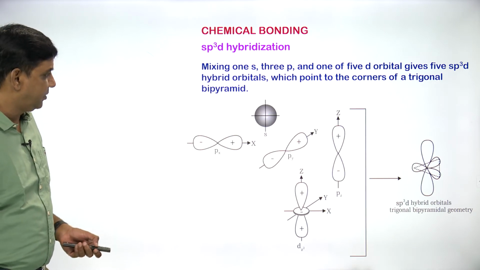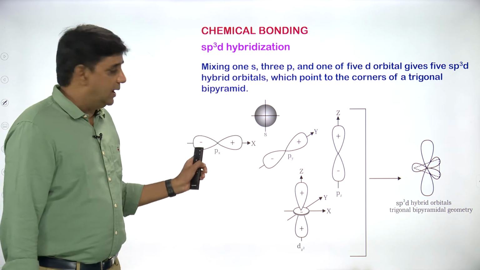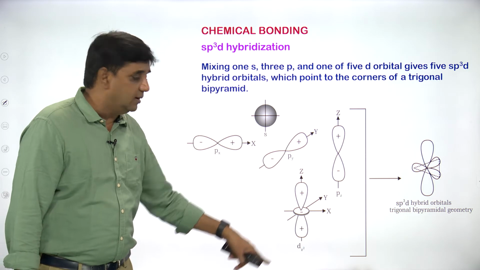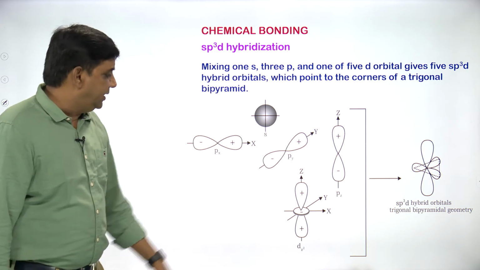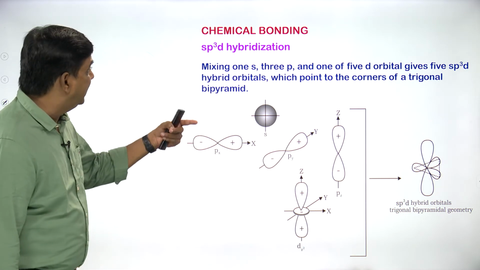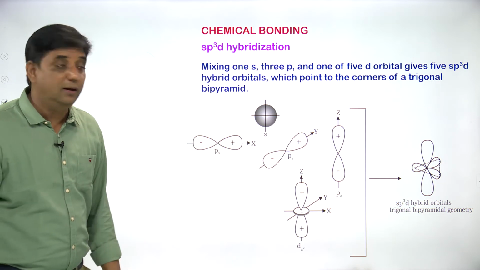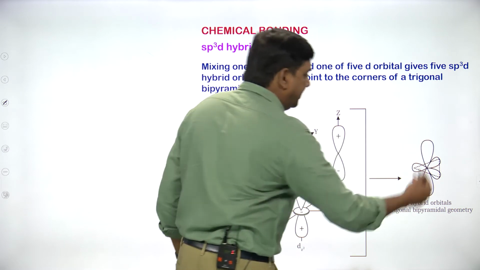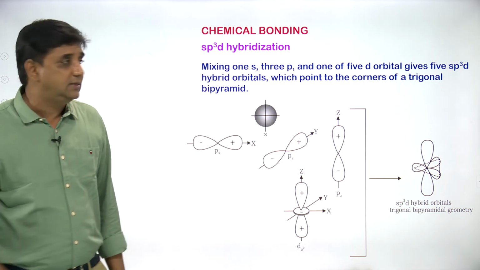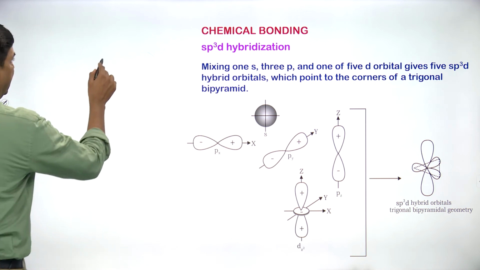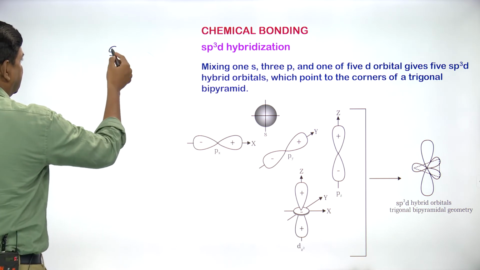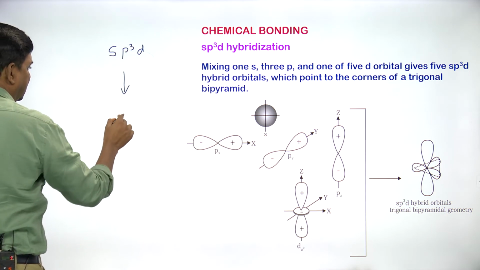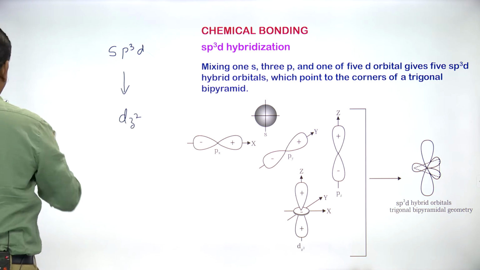The 1 s orbital, the 3 p orbitals, px, py and pz, and 1 d orbital. Actually the dz square orbital takes part in the hybridization to form the trigonal bipyramid shape sp3d orbitals. The very important point is that the d orbital involved in sp3d hybridization is dz square.